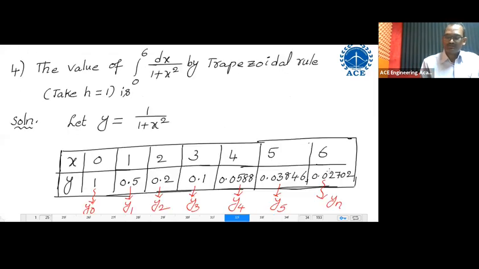I have written an extra term. Different students are giving different answers. It should be around 1.4095 or 1.4107.